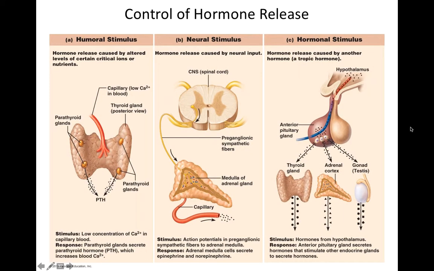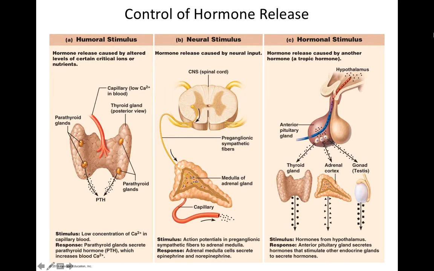So the control of release is something we need to look at here, because there are three different ways to control the release of a hormone. We've basically talked about them in the previous lectures without really getting into it. Here we're going to look very closely at them.